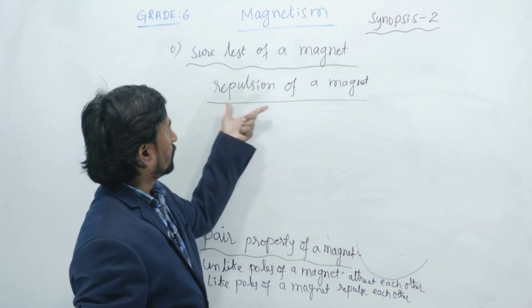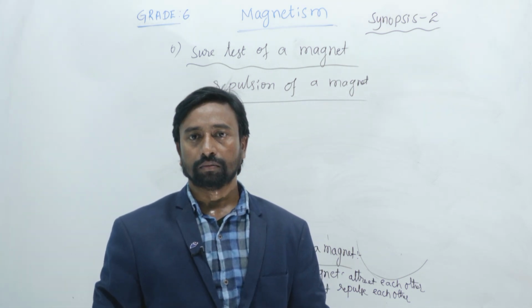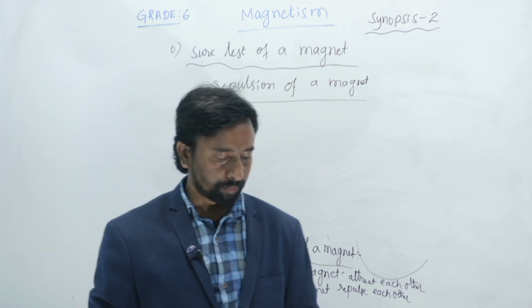Then repulsion can be taken as the sure test of the magnetic property.